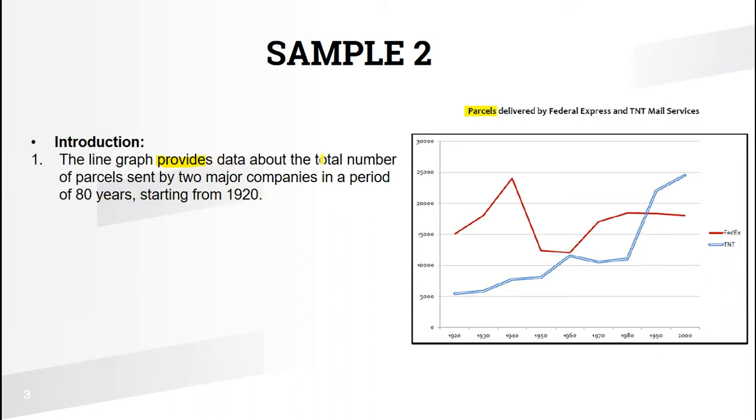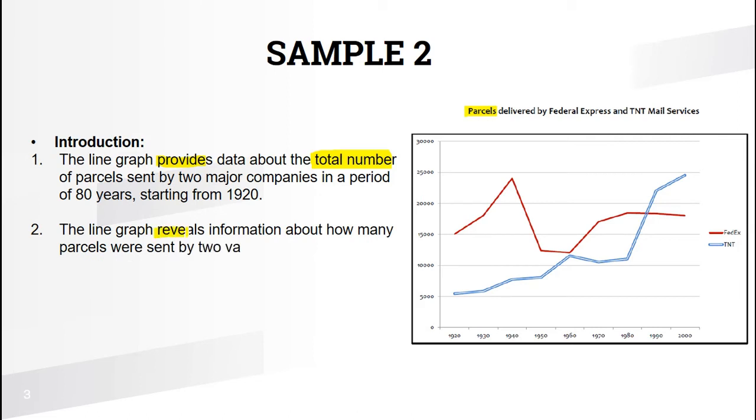Again, we are writing the total number of something. The second structure: the line graph reveals information about how many parcels were sent by 2 various mail companies in a period of 80 years starting from 1920. Again, here you're asking a kind of question, like how many something was done.